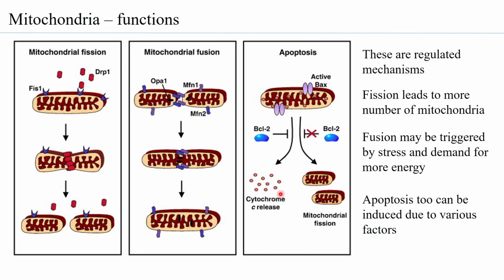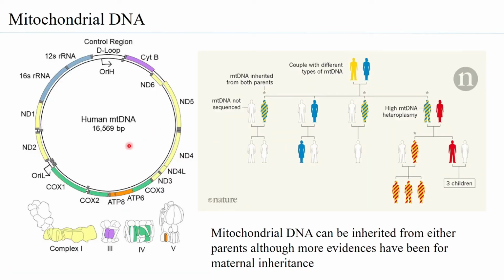If cytochrome C is released from the mitochondria, then it would activate a caspase pathway, which leads to the cell dying. So apoptosis is also something that the mitochondria is involved in. Now, another important feature of mitochondria is that the mitochondria has its own DNA.